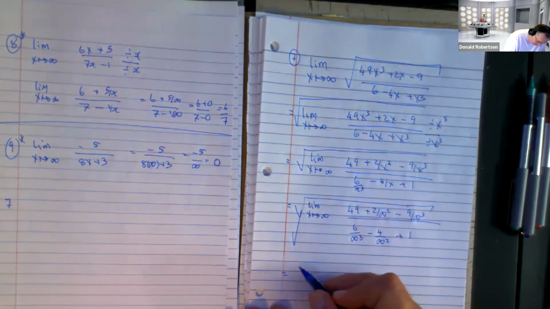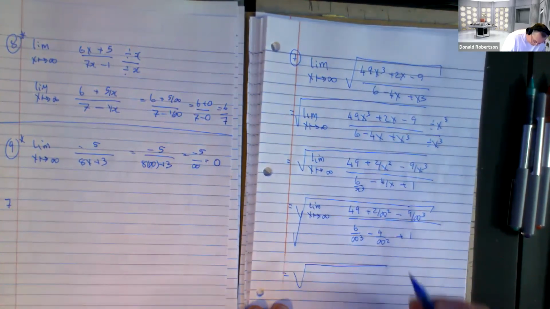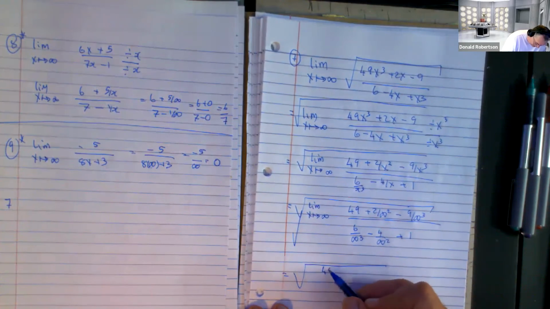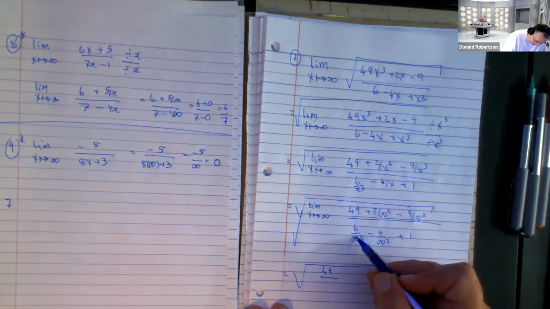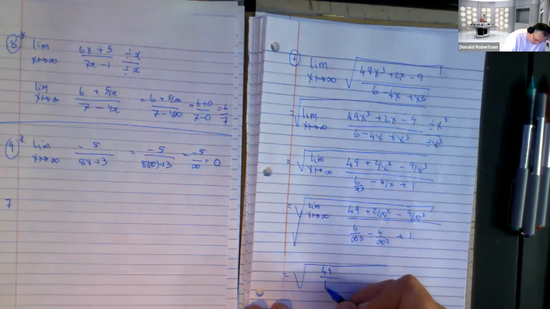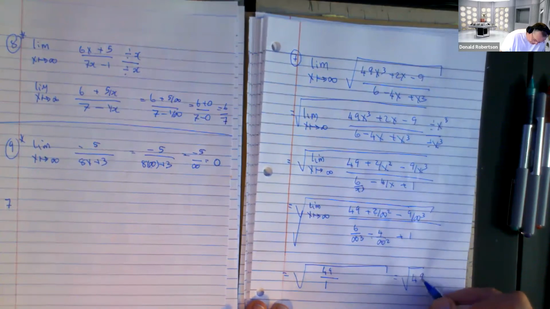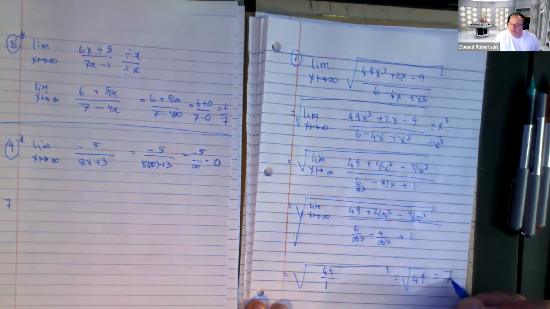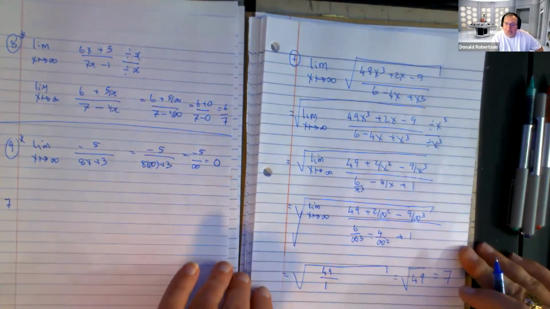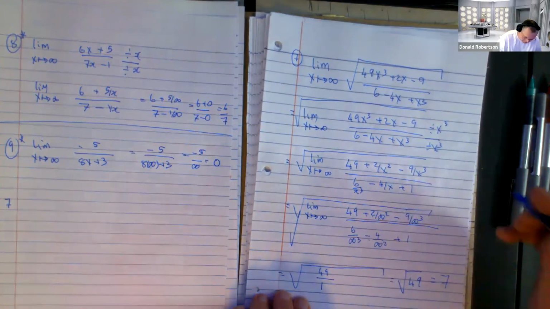God, this is messy. 49, plus a 0, take away a 0 is 49. 0, take away 0 plus 1 is 1. So we now have the square root of 49, which is 7. So that works nice. So the answer to this limit was 7.